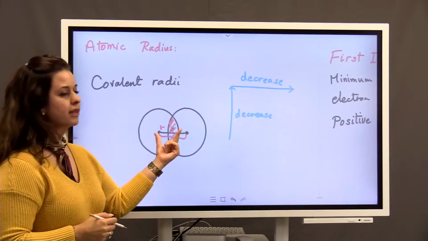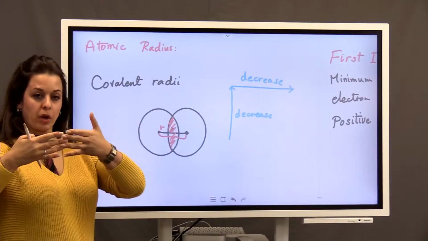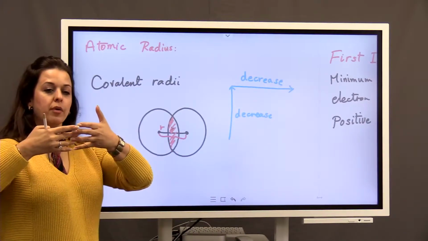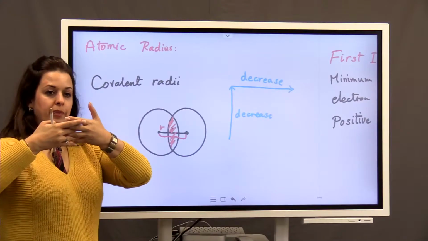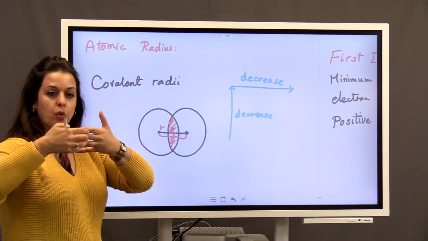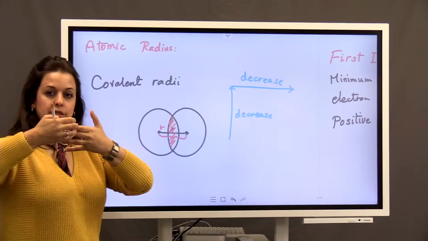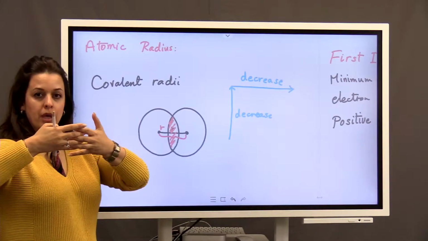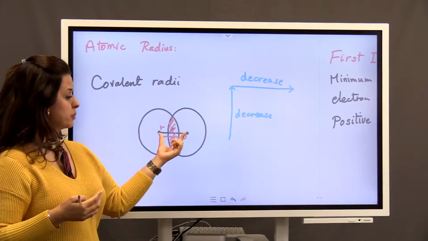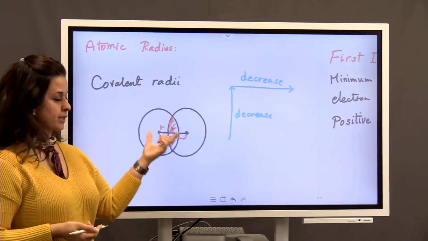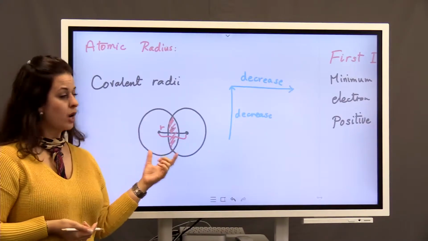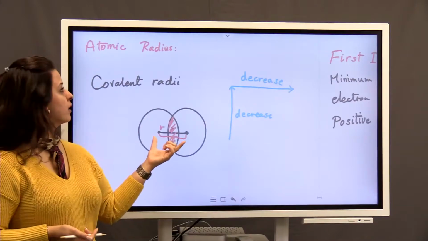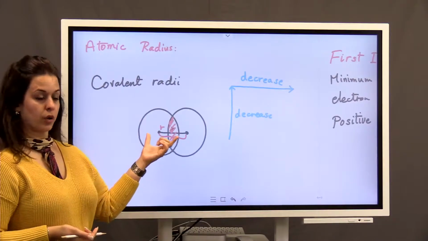So we're talking about this distance. Atoms form a covalent bond. When they form a covalent bond, we call it an overlap. They overlap with each other to hold the shared electrons better between them. So the distance between the nuclei of the 2 atoms that participate in that covalent bond is called atomic radii or covalent radii.